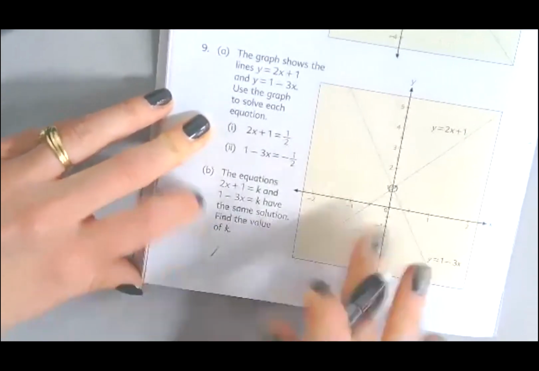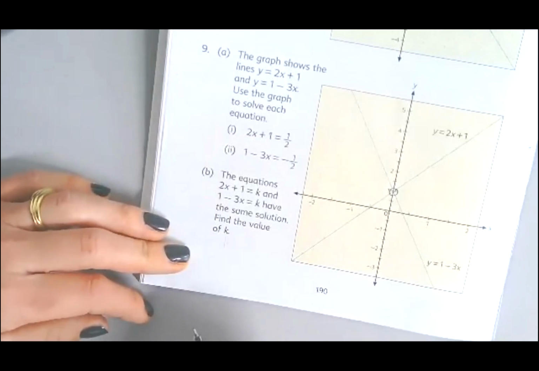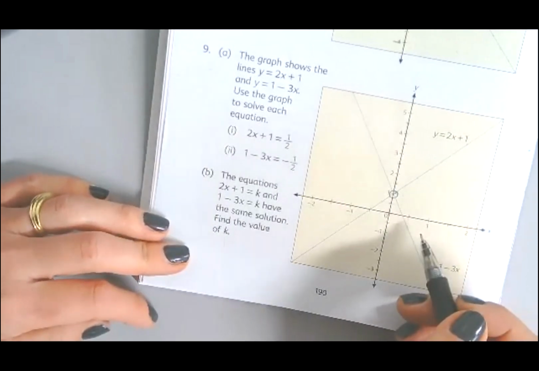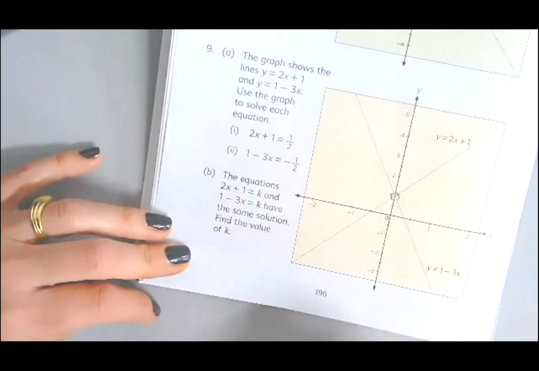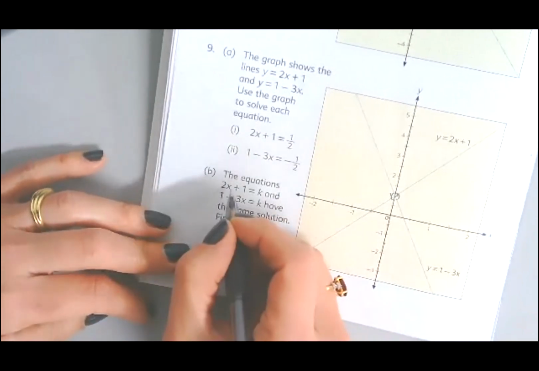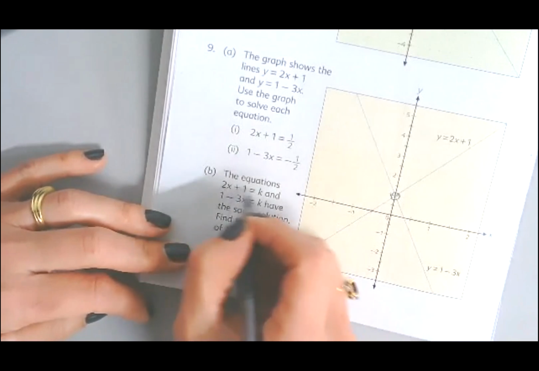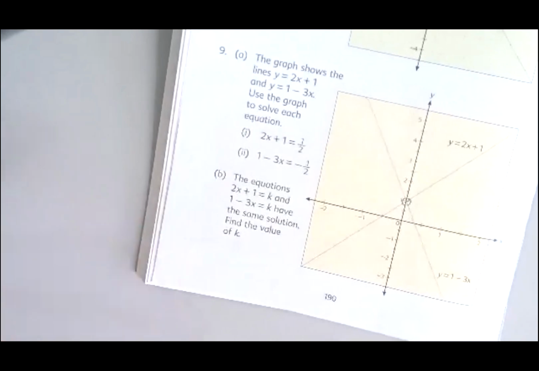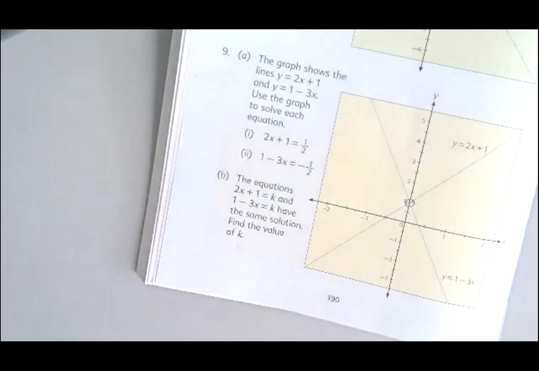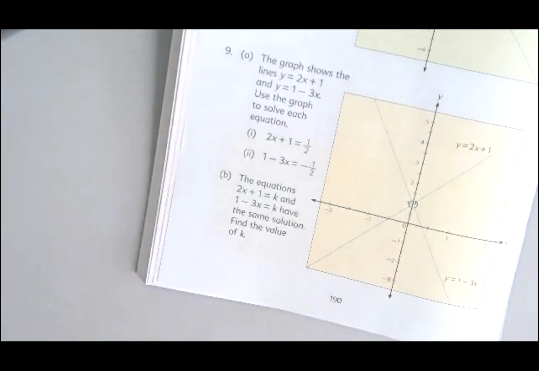So what we would do is just use the graph to solve this, you guys. K is equal to a y value, right? Because we've got 2x plus 1 equals whatever y is. So where on our graph is y the same for both of those function lines? Ian?